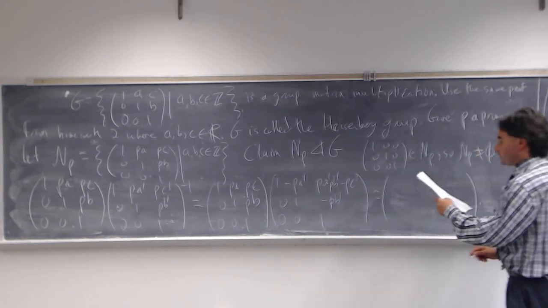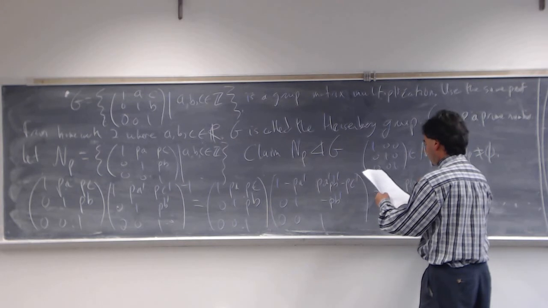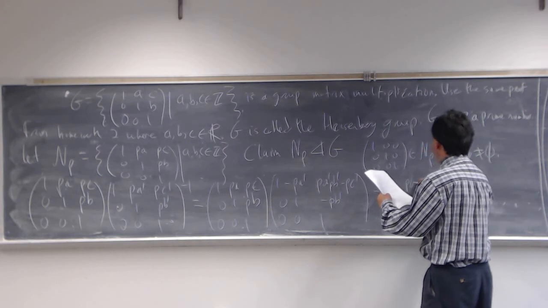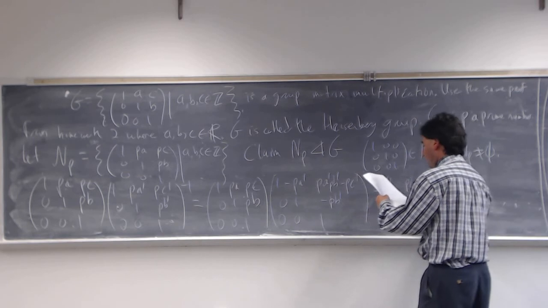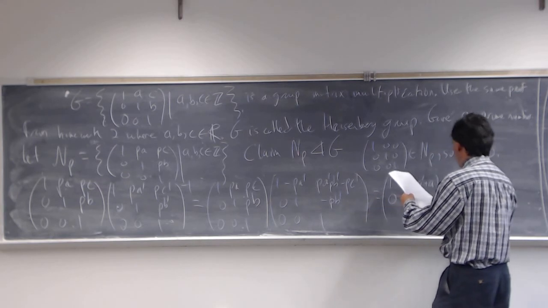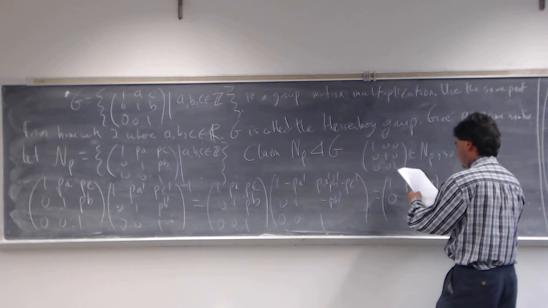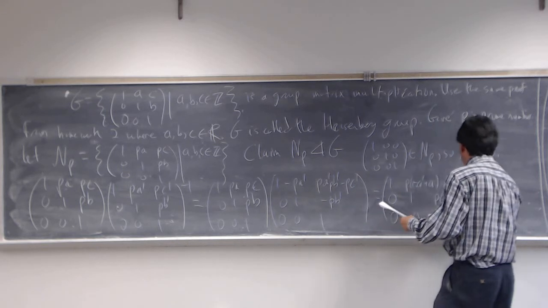And when the dust settles, you end up with 1, P times negative A prime plus A, 0, 1, P times negative B prime plus B, 0, 0, 1.